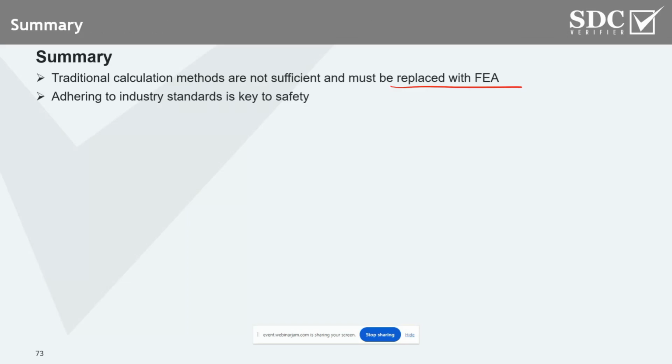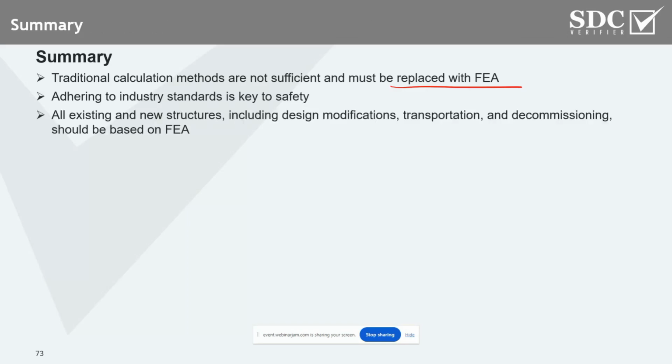So this is one of the most reliable ways to make sure that your FEA procedures, steps, and results are done according to rules. All existing new structures, whether it's also design modified structures, transported structures, decommissioned ones, they should be based on FEA.